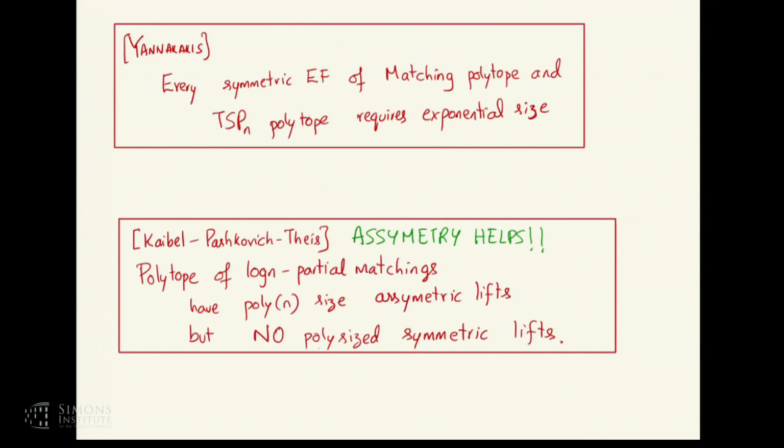Just a partial matching with fewer than log n edges. And in fact, going back to yesterday's talk, it could be that the extended formulation that we get by dynamic programming for knapsack is an asymmetric extended formulation, which is smaller than every symmetric extended formulation for knapsack.